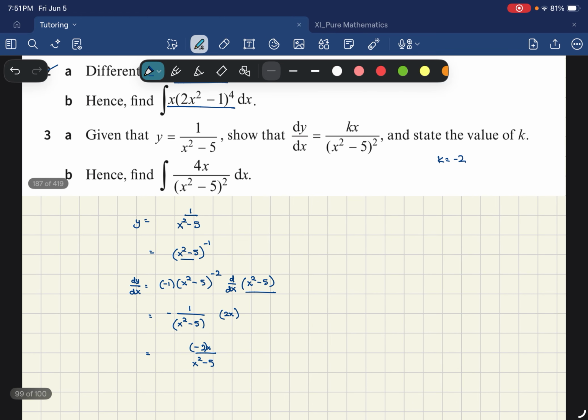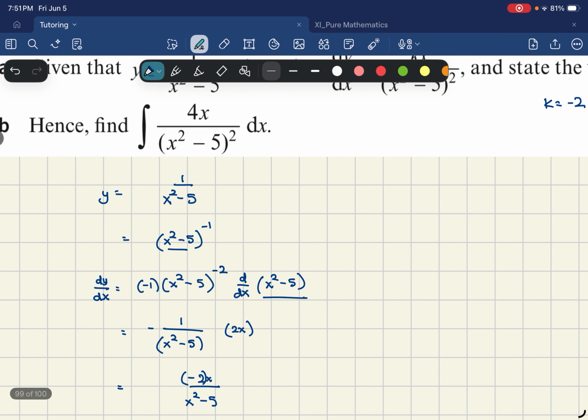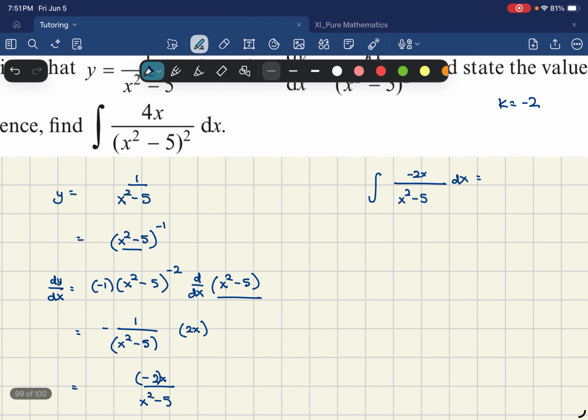And it says, hence, find this expression. All right. So I know that if I integrate negative 2x divided by x squared minus 5 dx, that is going to be the function that I started with, right? 1 over x squared minus 5 plus c. All right. I know this expression. Now let me work with this.